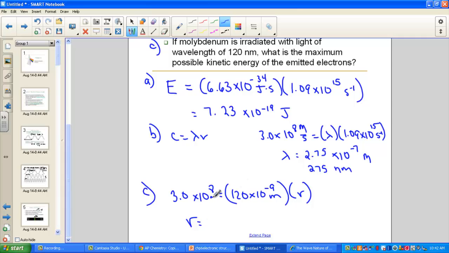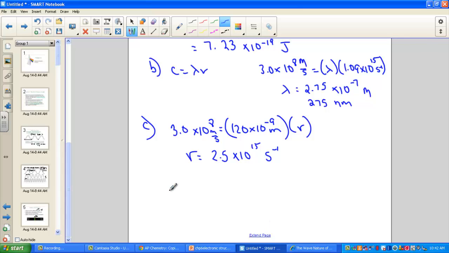Oh shoot, I forgot my unit there. Meters per second. So 3E8, divide out your 120 E negative 9. All right, I think I hit that correctly. I found 2.5 times 10 to the 15th power, and that is the frequency, so it's per second.